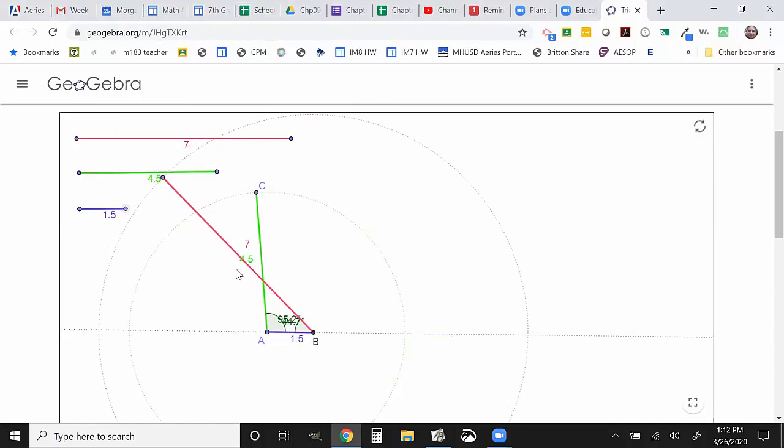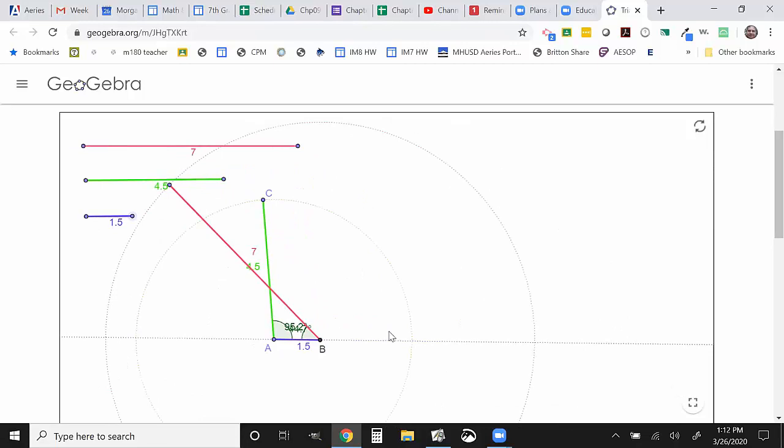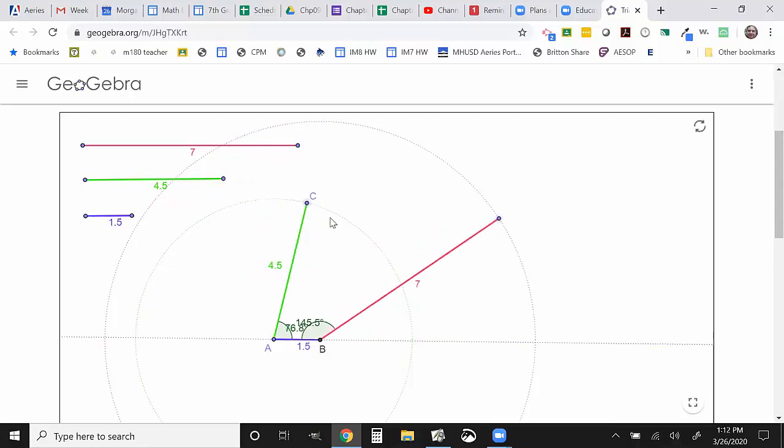Oh, 1.5. I'm going to move this. Can I move it? No, I can't move it. That's okay. So if I try to do that, let's see. I can't seem to get these sides to match up. I wonder why that is.